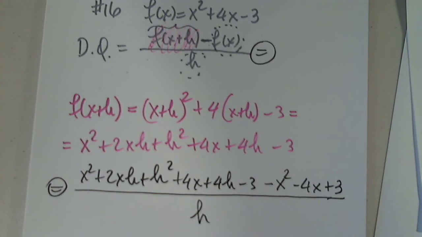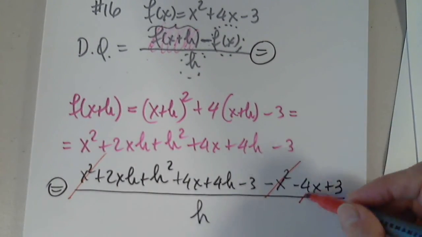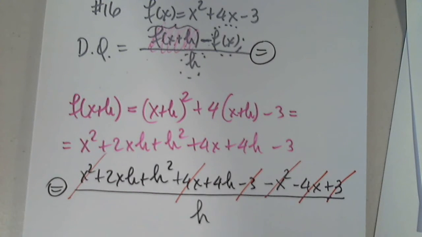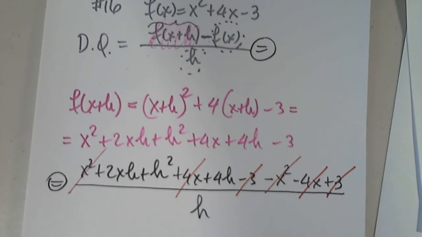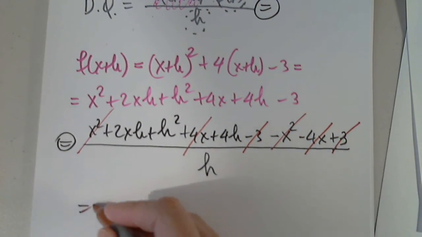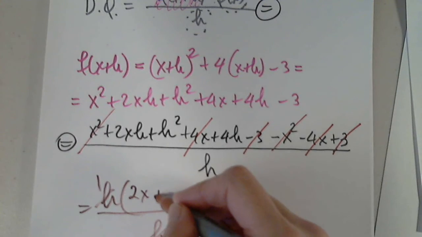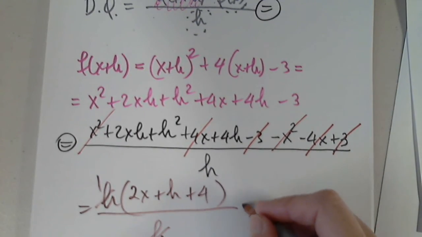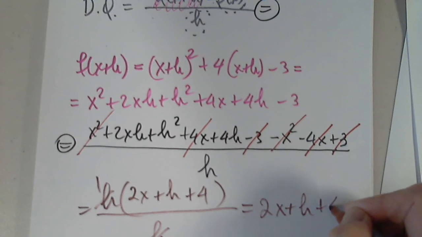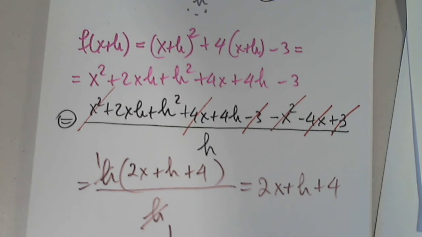All terms without h must go away. If more terms go away, that's even better. But all terms without h must go away. And the remaining terms, because all terms without h went away, have h in common. So I have to pull out the h. That will eventually simplify the h in the denominator. So we have a 2x, we have an h, and plus 4. And this is the final form of the difference quotient for this particular function.